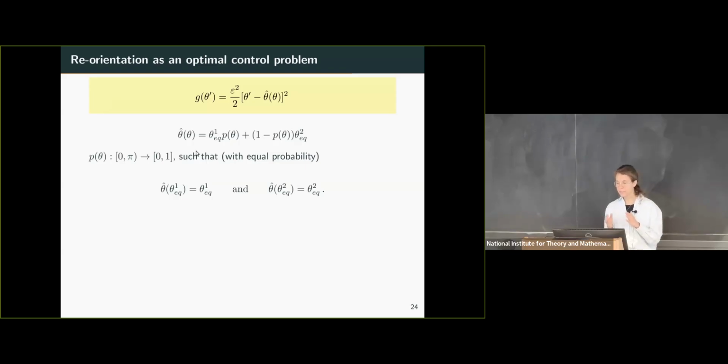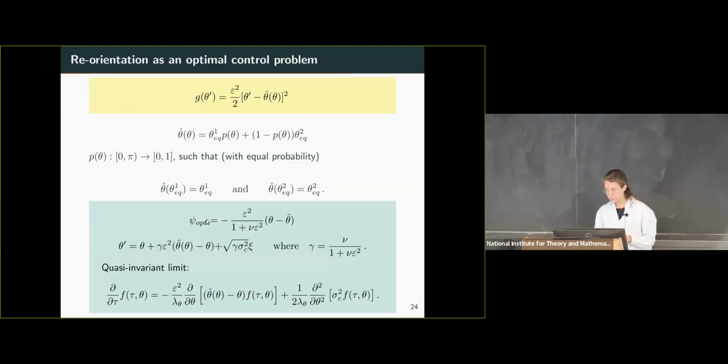I want that with equal probability, this possible target is one of the two equilibrium directions, either the one in the first 0 to pi half quadrant or the one in the pi half to pi quadrant. If we consider this rule, we can carry out the optimal control procedure. We find our optimal reorientation angle, write down the interaction rule, perform the quasi-invariant limit, and we find this Fokker-Planck equation.